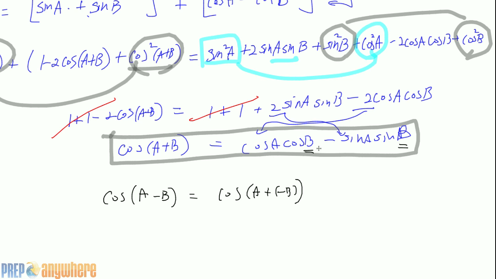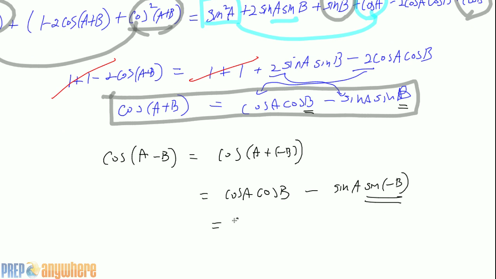Cosine of minus B is still cosine of B. So we get cosine A cosine B. What happens to sine of minus B? By relative angles, that's going to turn into a minus sine of B, right? So it becomes this. This is the subtraction formula for cosine.